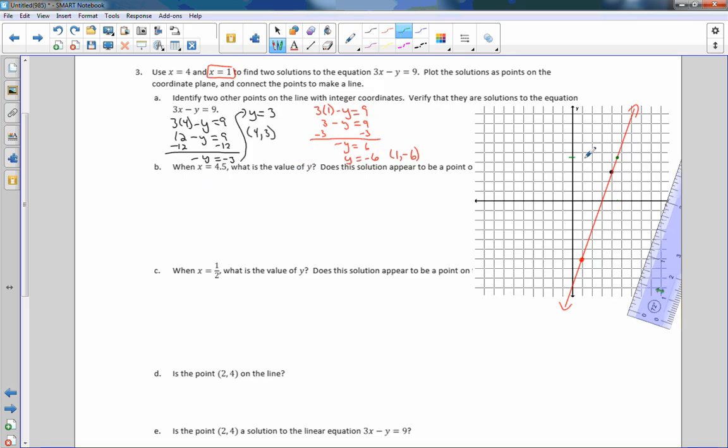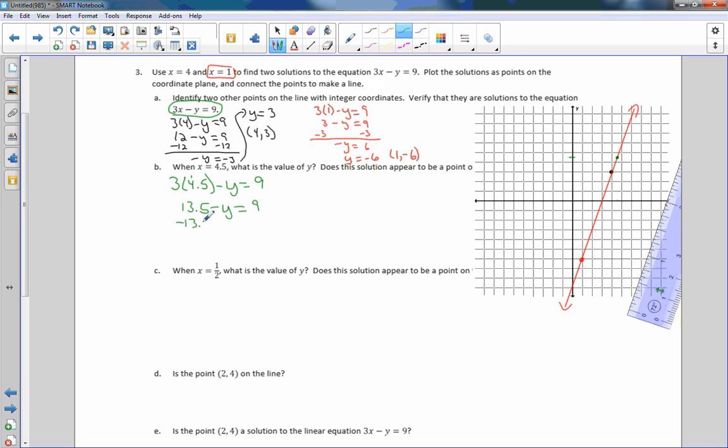It should be 4.5 as well, but I'm going to check it using the equation. 3 times 4.5, remember I'm just using this, and x is 4.5, minus y equals 9. 5 times 3 is 15, carry the 1, 4 times 3 is 12, plus 1 is 13.5 minus y equals 9.